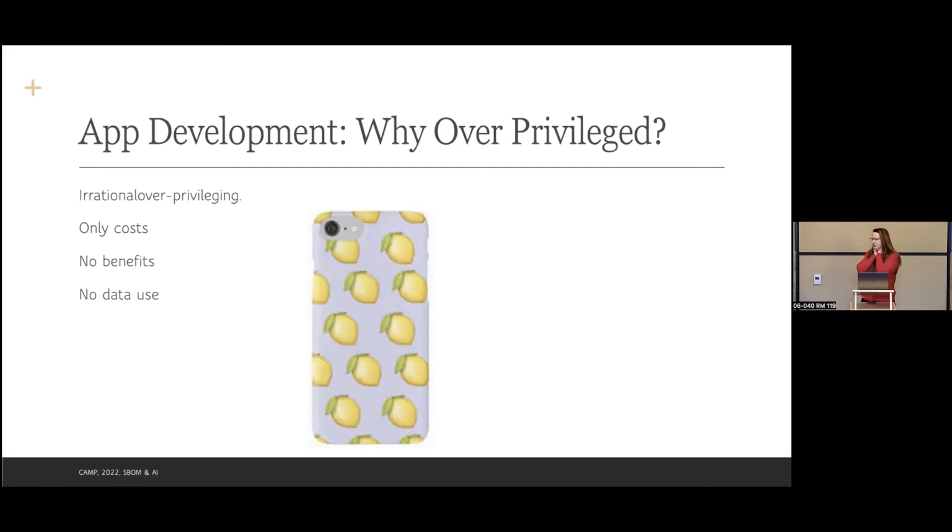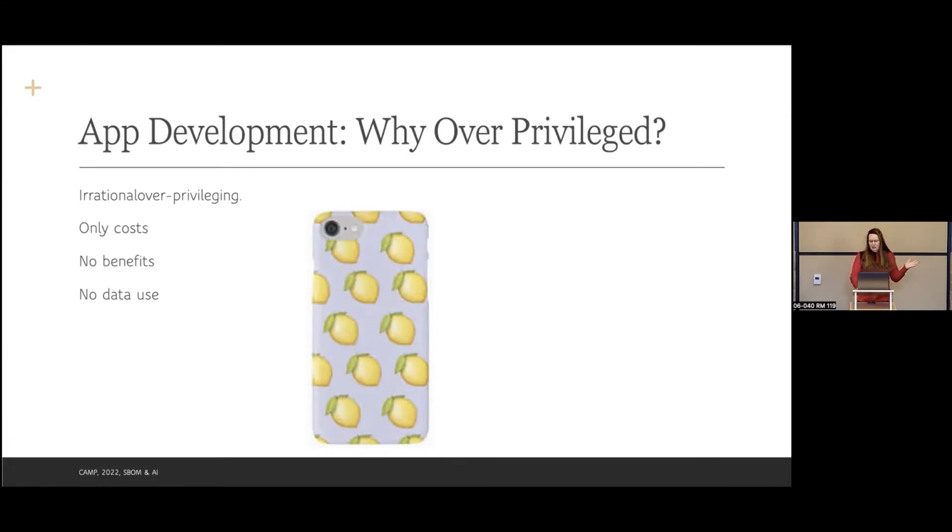They still create apps that systematically ask for more data than they need, that ask for permissions that they don't use. It is a chronic problem, and there's no reason for them to do it because there's only cost in including these packages. It makes your app bigger. There's no benefits, and often there's no data use.